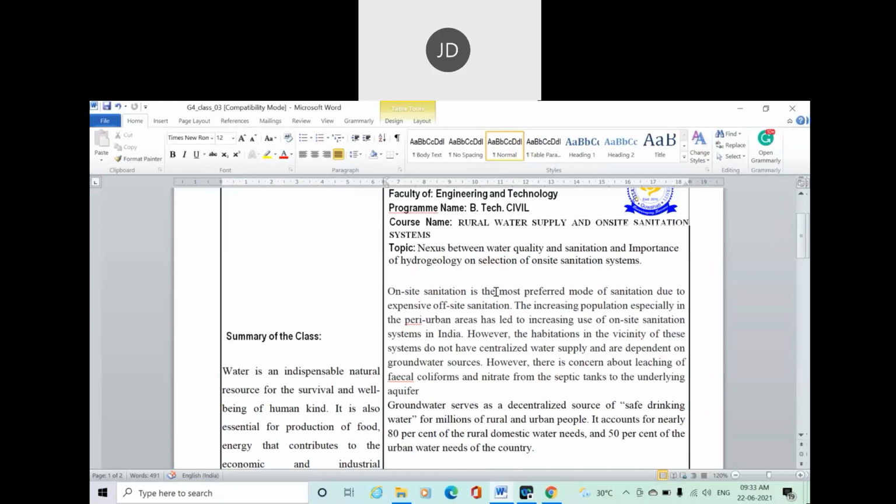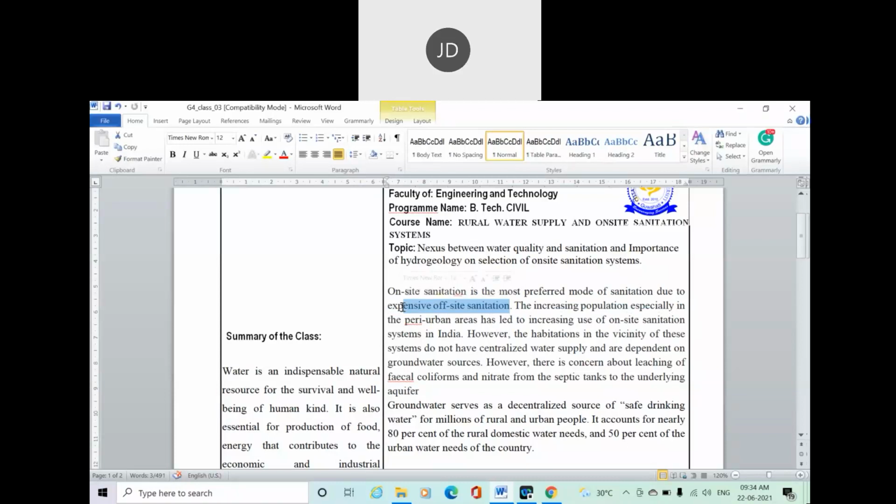Anyway, on-site sanitation is the most preferred mode of sanitation due to the expense of off-site sanitation. We have already discussed that off-site sanitation is comparatively expensive. Why? Because off-site sanitation involves a centralized water supply system.